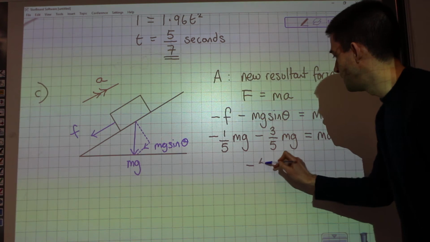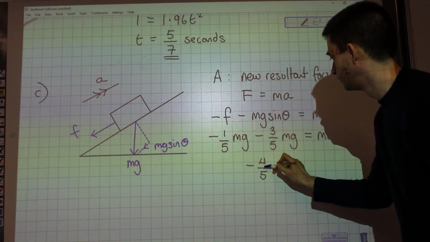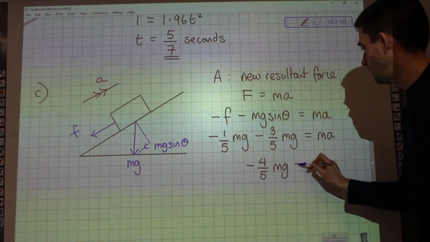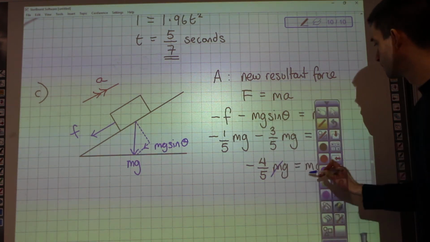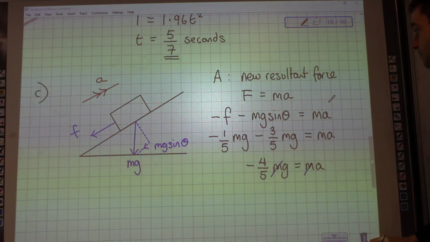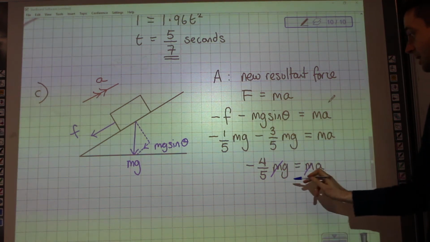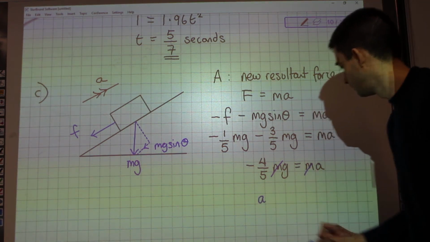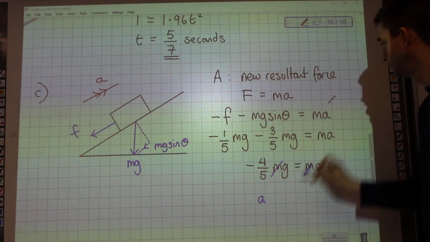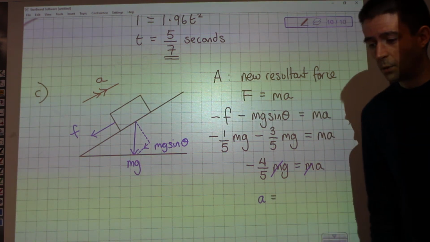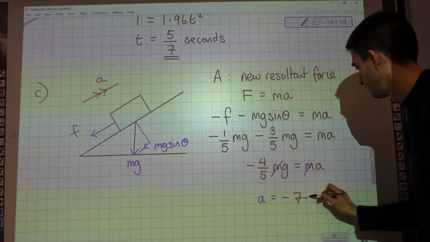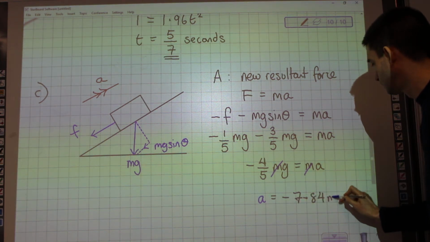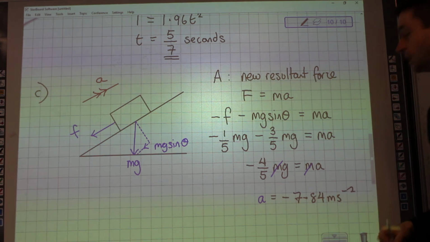So we now have negative 4/5 mg equals ma. We can cancel the m's and we can say that a is negative 4/5 g, which means that a is negative 7.84.